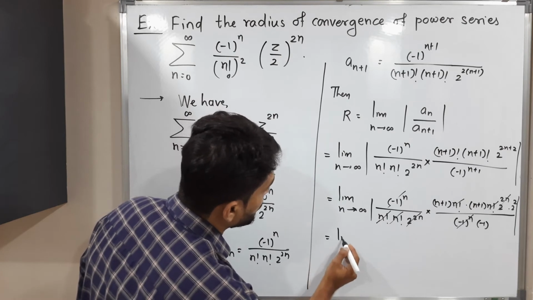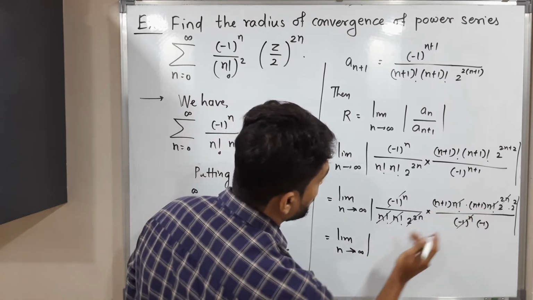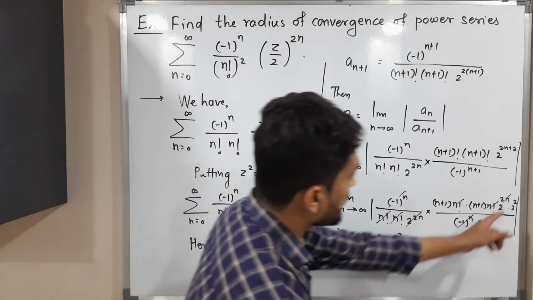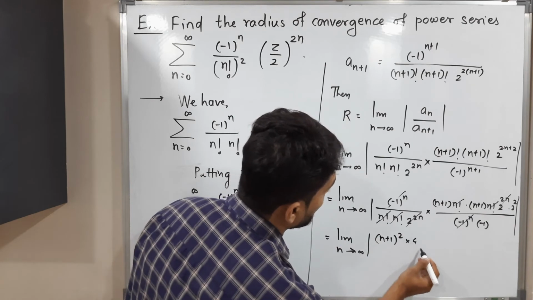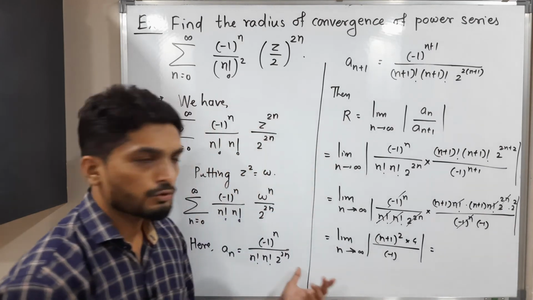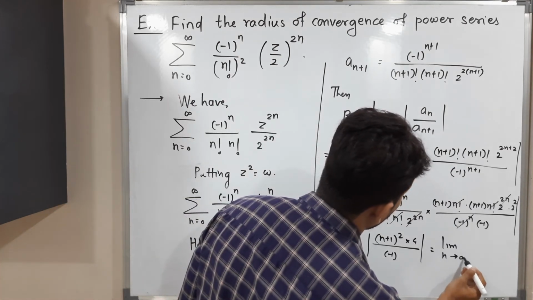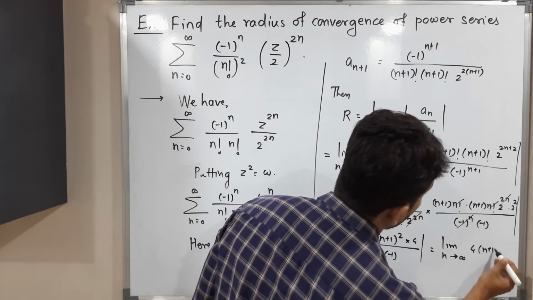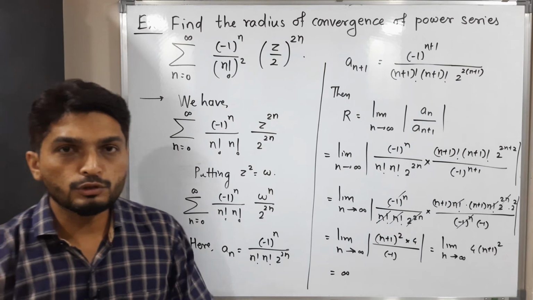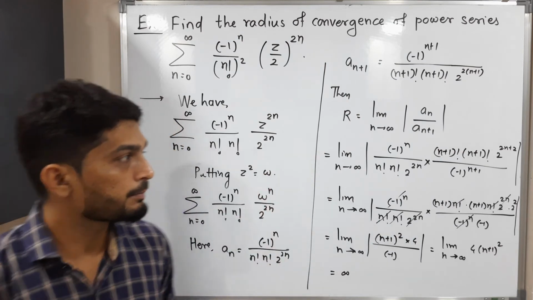This is equal to limit n tends to infinity of mod, in the numerator we have n plus 1 square, 2 square, that means 4. In the denominator we have minus 1. We are taking mod, so minus 1 will vanish. So limit n tends to infinity of 4 times n plus 1 square. But if you apply the limit, its value will approach infinity. So what is the radius of convergence? Infinity.